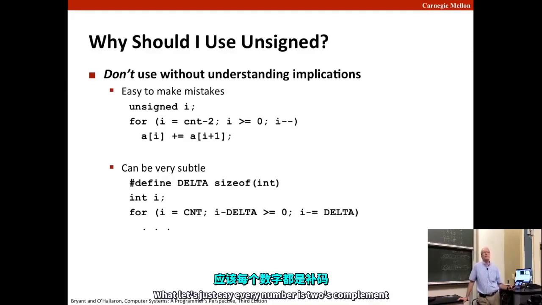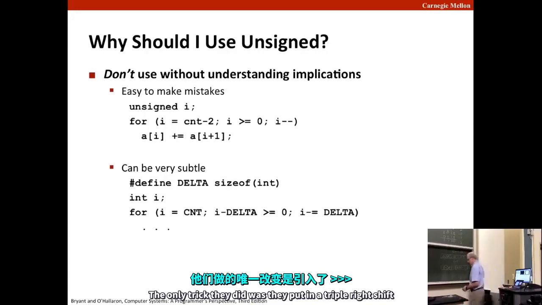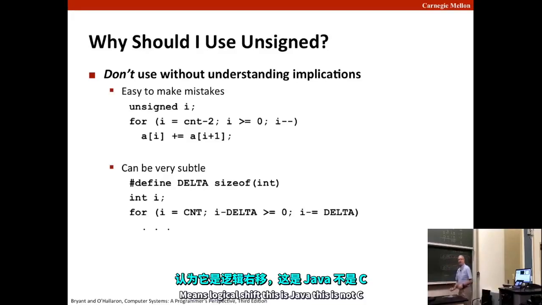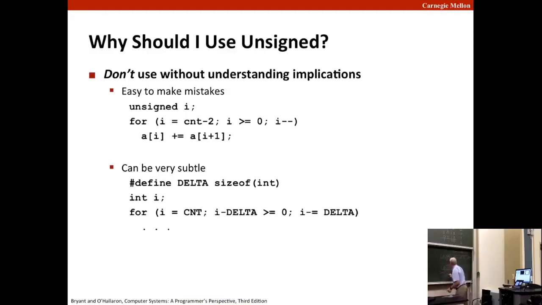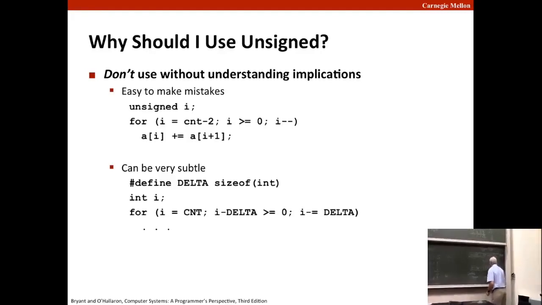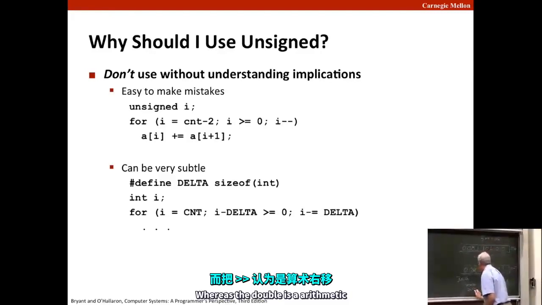Let's just say every number is 2's complement. The only trick they did was they put in a triple right shift. Means logical shift. This is Java. This is not C. Whereas the double is arithmetic.